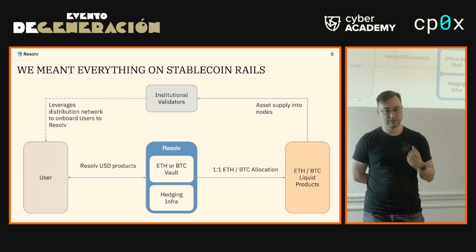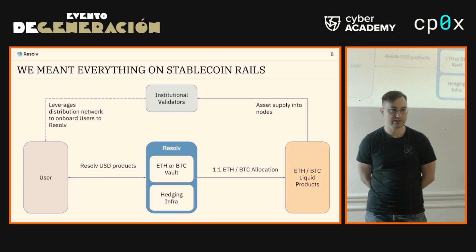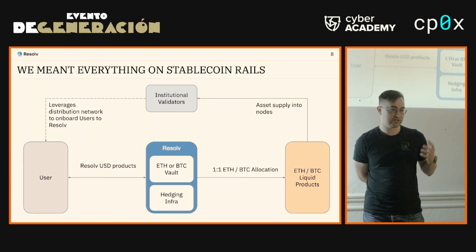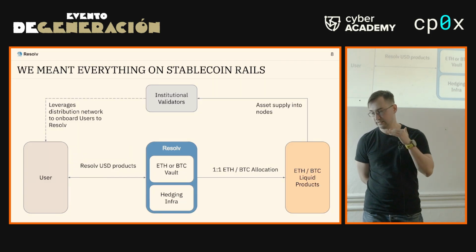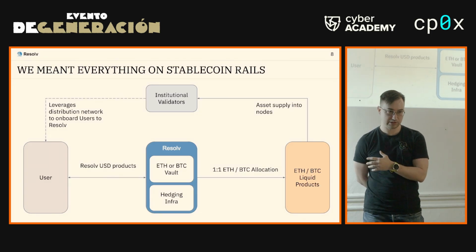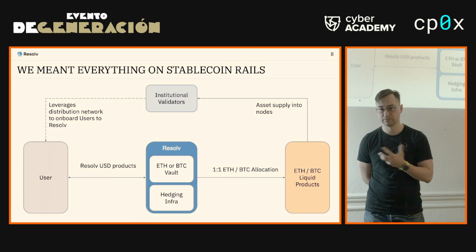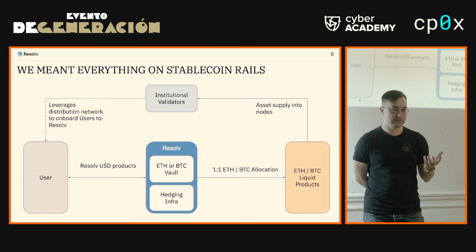Which means that they are actually using the validator network, which depends on specific validations, providing services to bigger customers who might not be willing to contribute directly in Ether or Bitcoin to the validator network, but at the same time they usually have some stable capital which they would like to still keep as stable, and they would like to potentially have some yield on top of that.